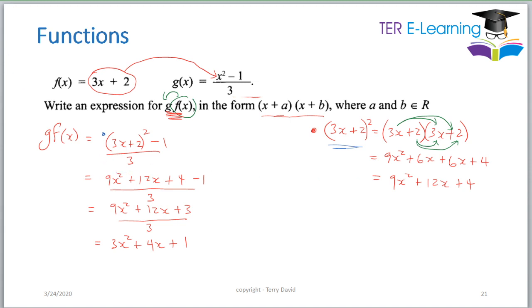So now, if you look carefully, this expression here is a quadratic, because they want us to write it in this format here. So what we need to do is factorize this quadratic, right?